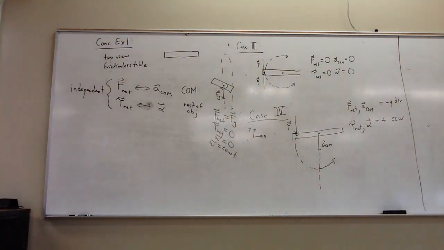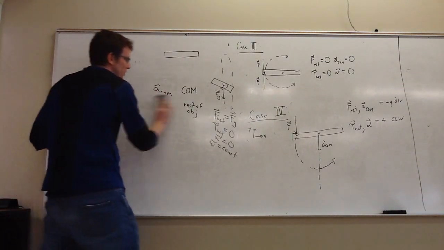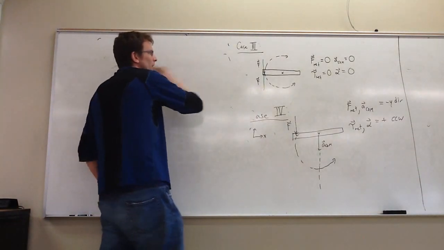Okay, so the next order of business, this is of course highly conceptual. Let's do something with the numbers. We just developed this nice torque equation, so let's use it.